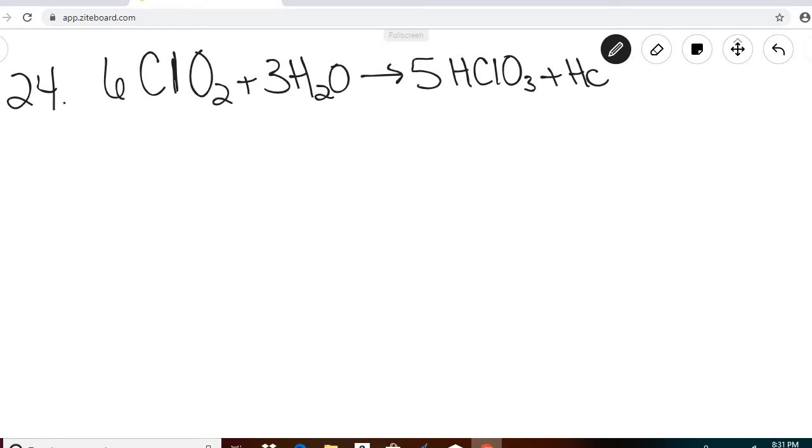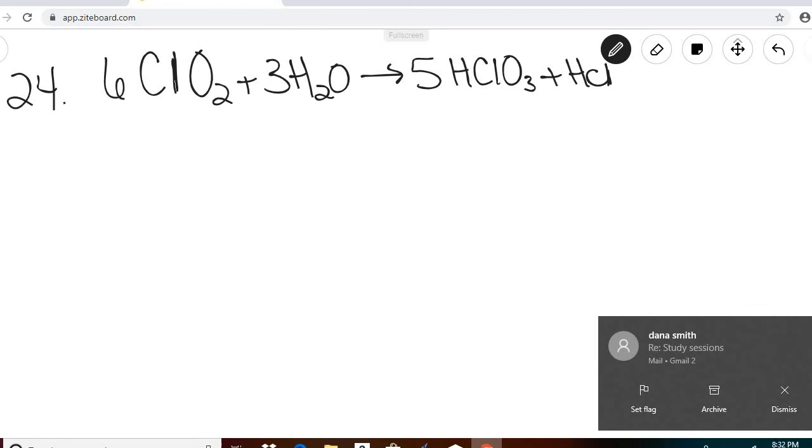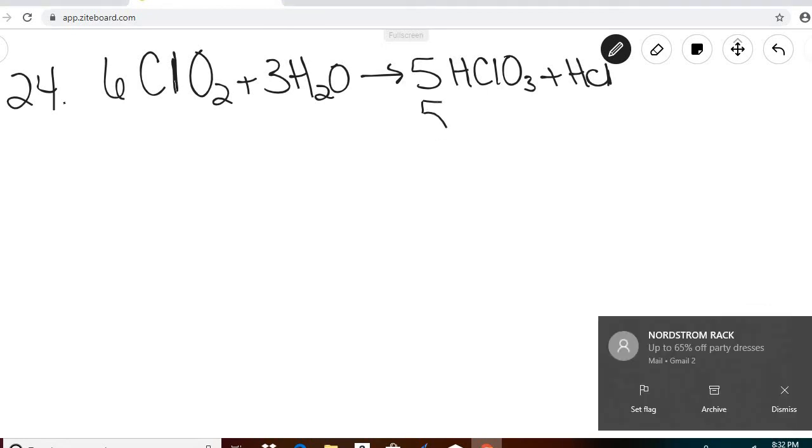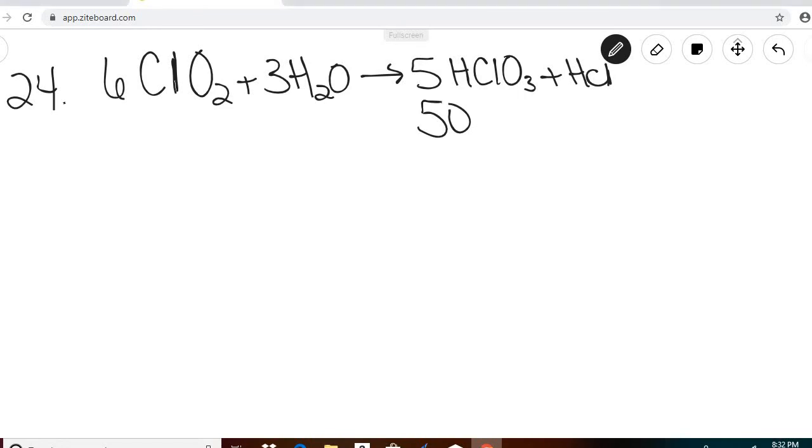Okay, so there's our reaction, and it says if a chemist wants to make 50.0 grams of this, how many grams of this will be needed? That's our question, how many grams of that?